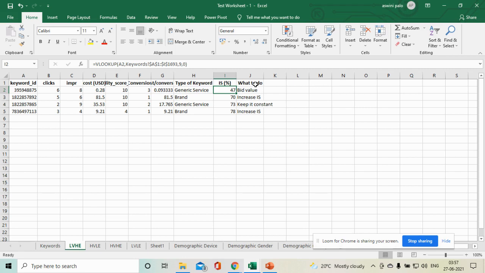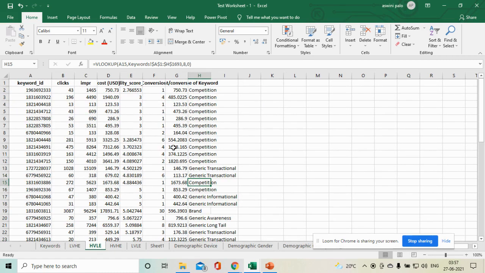If you still want to go a little higher, you can bid a little higher if people click on your ad. What exactly you are doing is increasing your impression share but telling Google that you will pay only if people click on the ad. That's how you can strategize this particular segment.